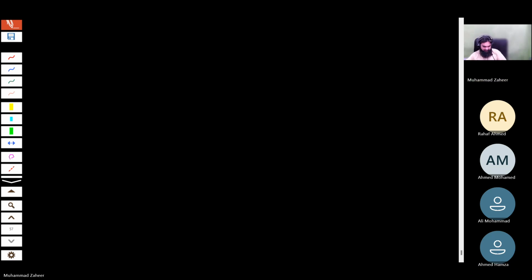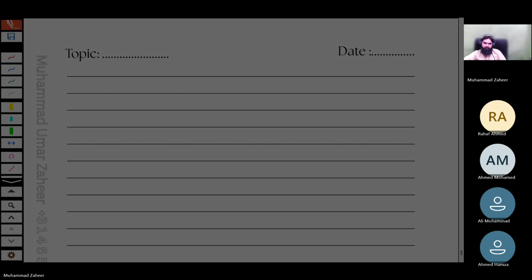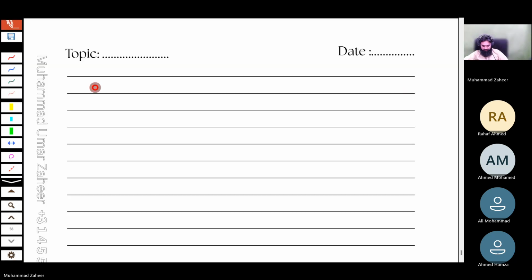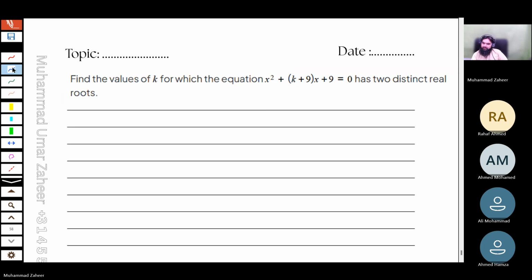Right. Let's take a question. It says: find the value of k for which the equation has two distinct roots.